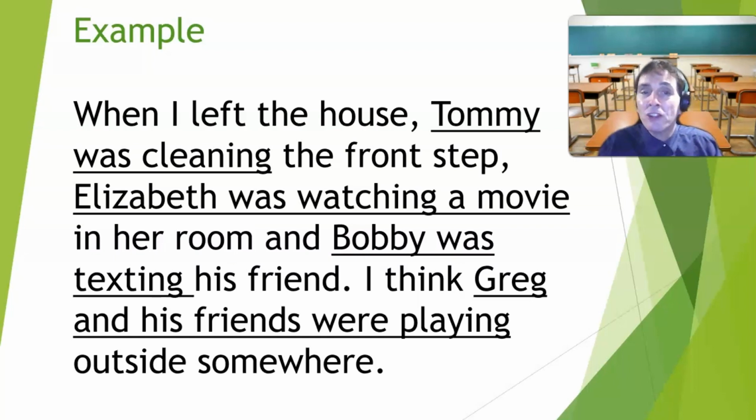And remember that these are all ongoing actions, right? They are actions that take a long time. Tommy was cleaning the front step. That can take a long time. Watching a movie can take a long time. Texting your friend can take a while as well. And Greg and his friends were playing outside. They were doing that for quite a while as well.